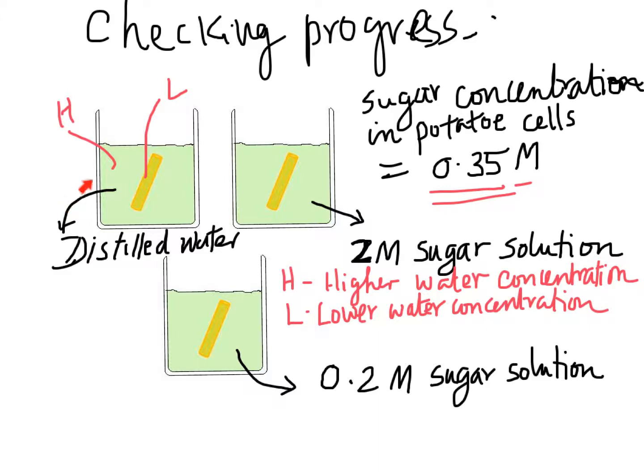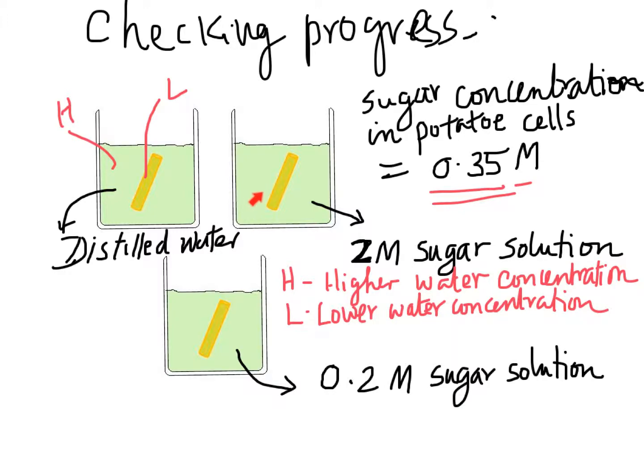So before you put it in distilled water, you weigh it, record its mass, and after you put it in distilled water and leave it for 2 hours and weigh it again, the mass will increase. And you should be able to explain why. Because the water has actually moved from an area of higher concentration to a lower concentration by osmosis.